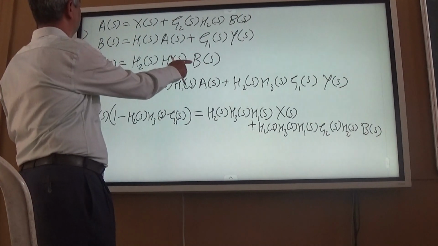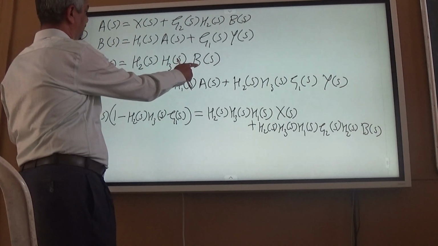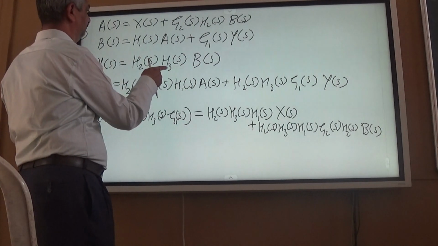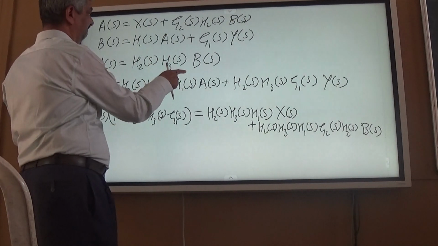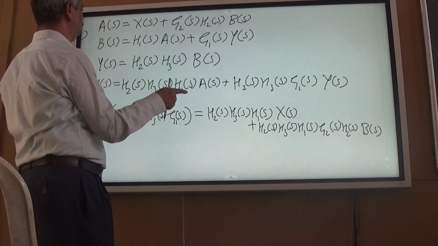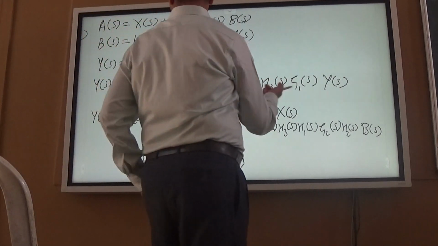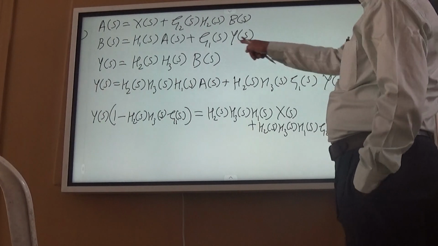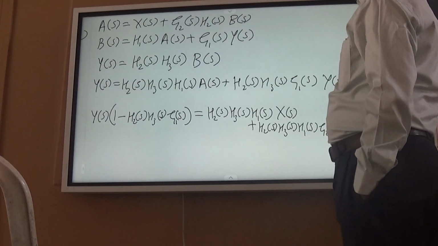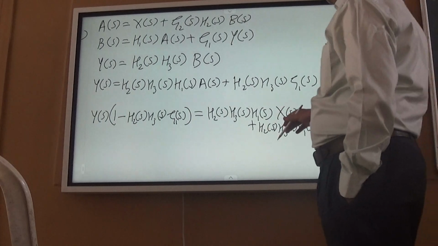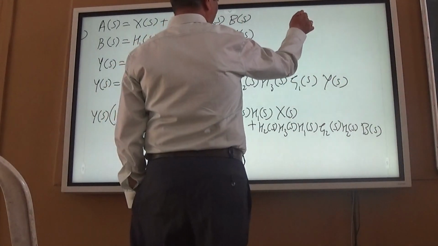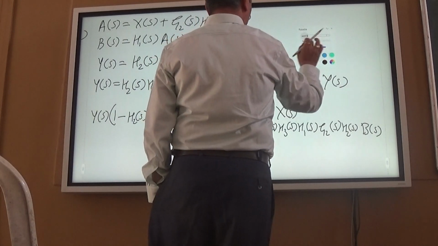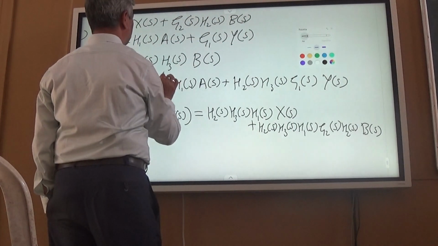B(s) is, right, so that A term will not come in. So here this B(s) is Y(s) upon H2(s) H3(s). Then again Y(s) comes. So rather than putting a divide, you can simply look for this term.